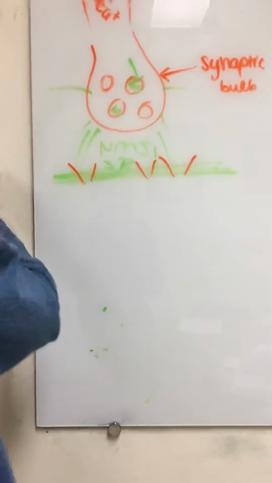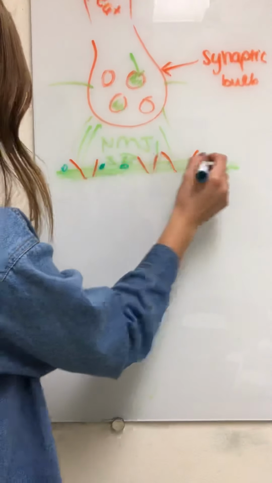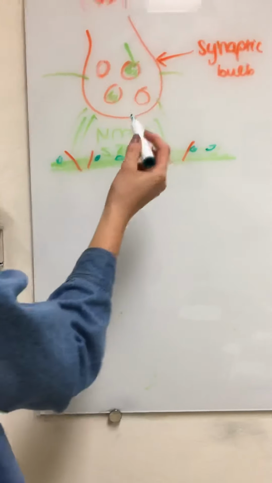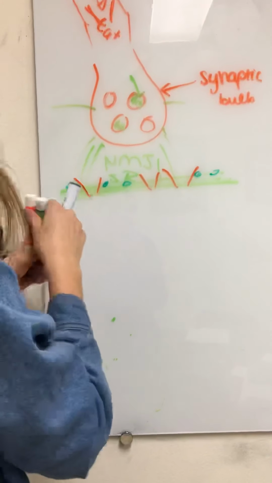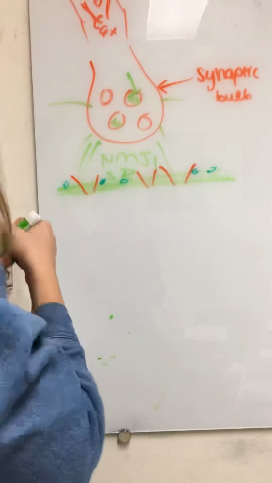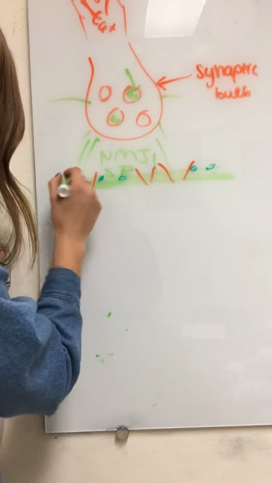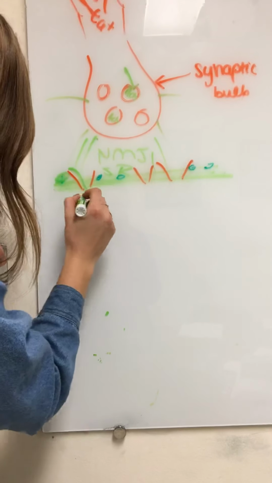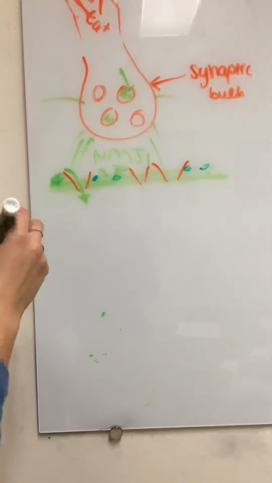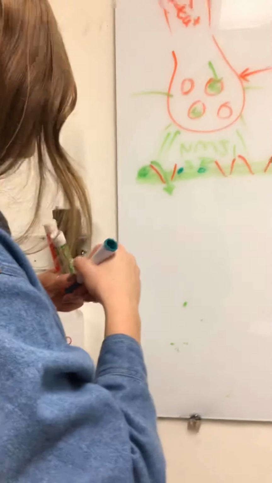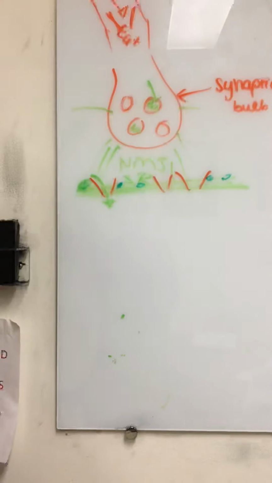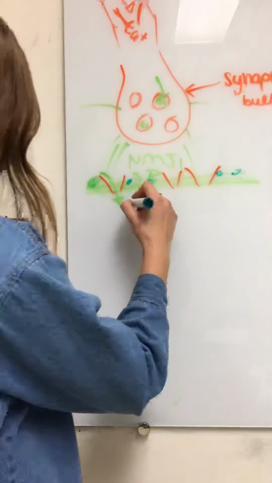So here you have a bunch of acetylcholine receptors. So the acetylcholine binds with the receptors, which causes the channel to open. What channel is that called? The ligand-gated channel. Good.